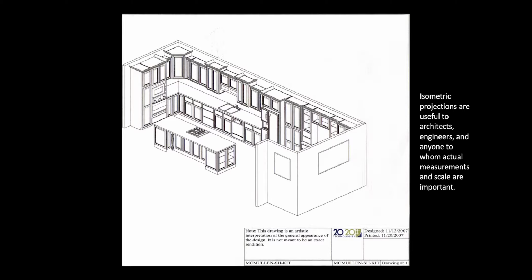And when you think about it, that makes this a very logical and useful way of drawing things, especially for architects and engineers and people who care about measurements and dimensions. If you're doing a kitchen remodel, you might like to know that the back of the wall and the front of the wall are in the same scale, right? Because in real life, they will be the same size.